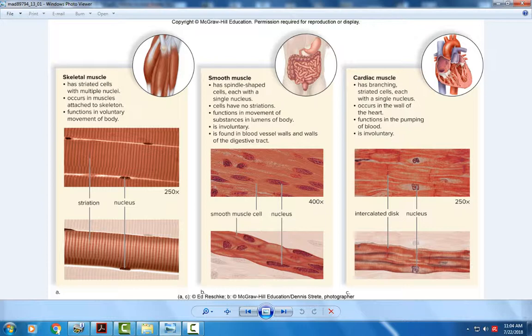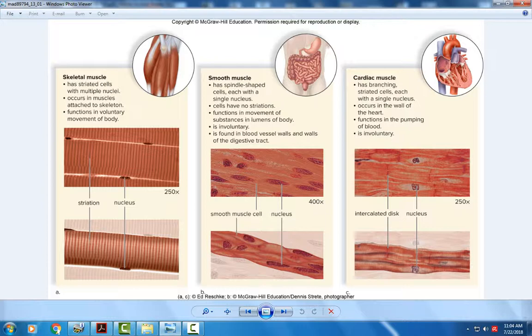So the cells are branched, which here, let's look at this one. We can see here's a cardiac muscle cell coming down like this, and then it also comes this way. So it's kind of like a V shape here. And this is a nucleus, again, single nucleus per cell, but the cells are branched and they're connected to one another with these dark little structures called intercalated discs.